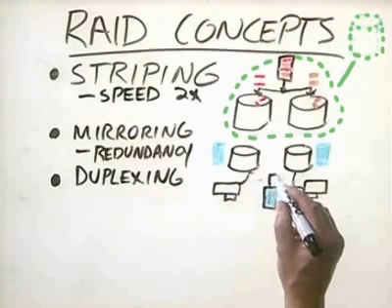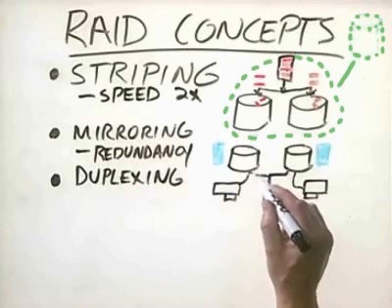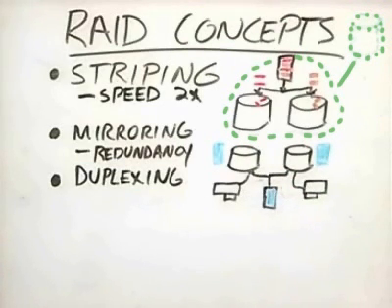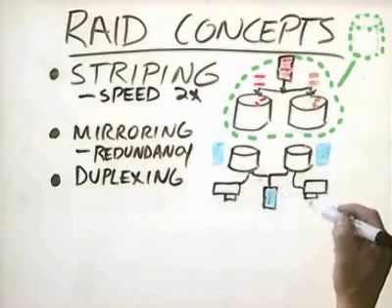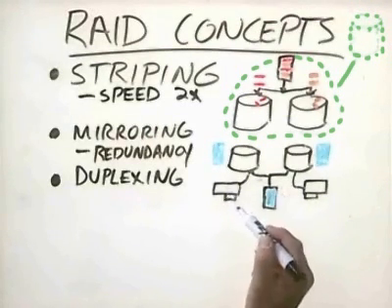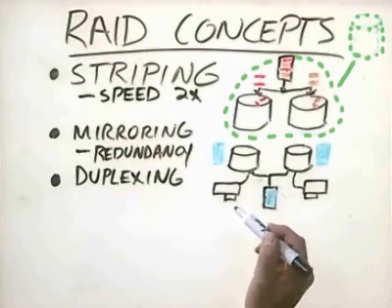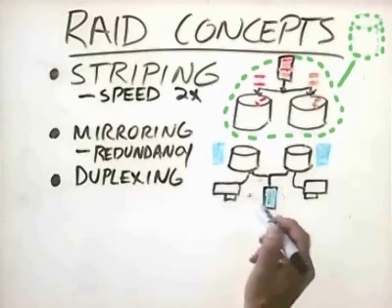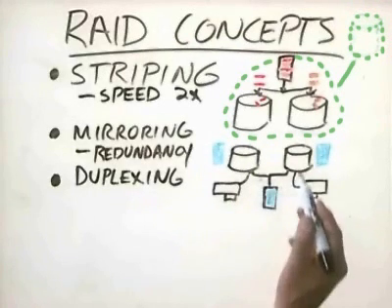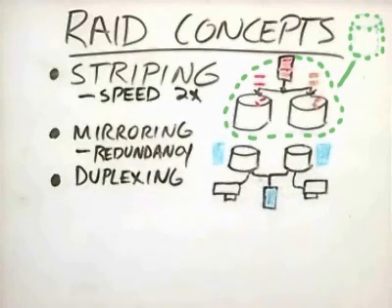Then when data needs to be written, it is written to both disks at the same time, just like with mirroring, but it goes through two different RAID controller boards. The advantage to this is if this board were to go bad for some reason, our disk I/O operations will continue. Users won't notice any difference because this RAID controller will take over and continue servicing requests using this hard disk drive until you have a chance to replace this part over here.